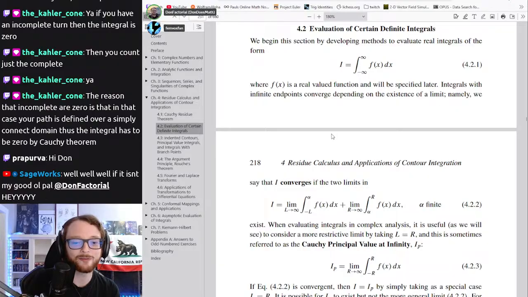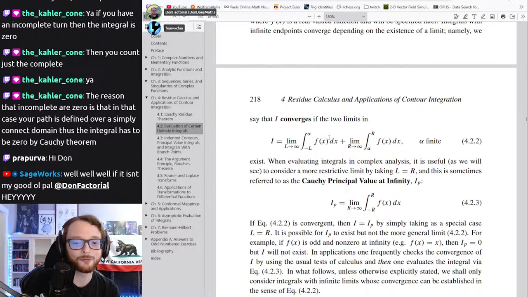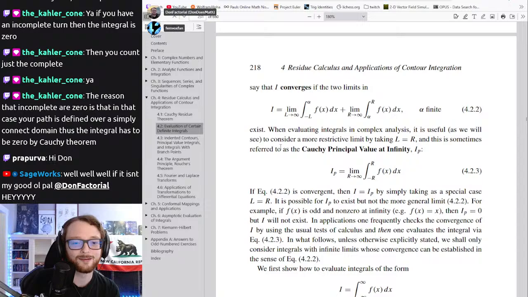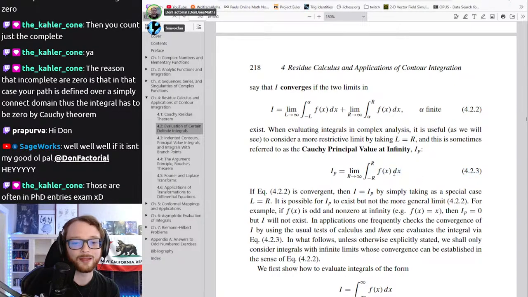I was kicking myself so hard when I read the very first part of this. I think I was talking to Lucas about the type of integral in 4.2.3. I was trying to make a point that the difference between 4.2.2 and 4.2.3 is that the last one comes out to 0, while the first one comes out to infinity minus infinity.